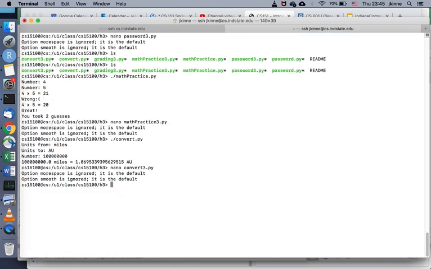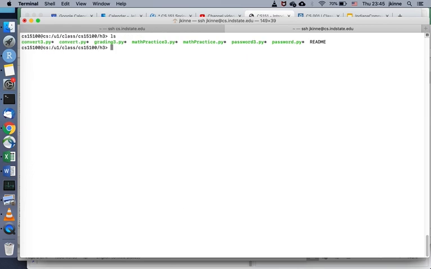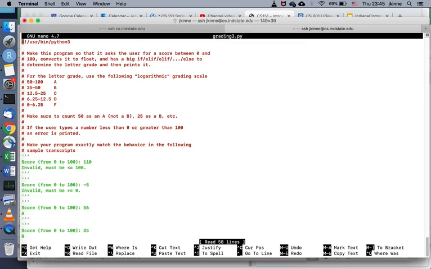The last program here is not from class, it's just something that's very classic. So a classic assignment with if and elif is to do a grading scale. So if I give you a score, what's the letter grade? And I've made it slightly fun by giving you a logarithmic, what I'm calling a logarithmic grading scale.